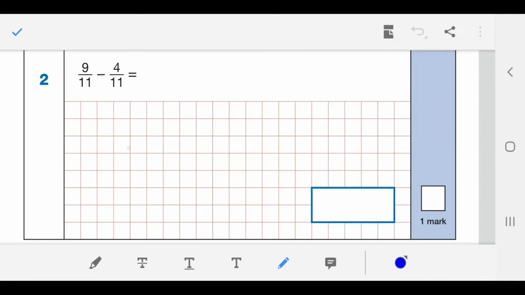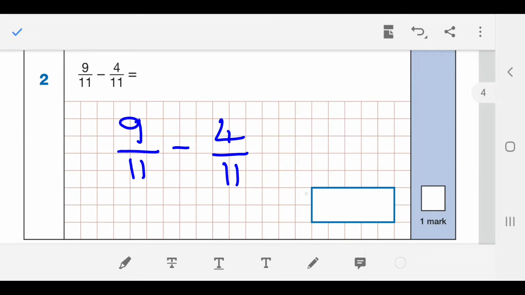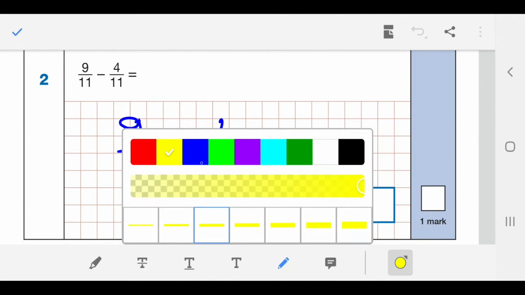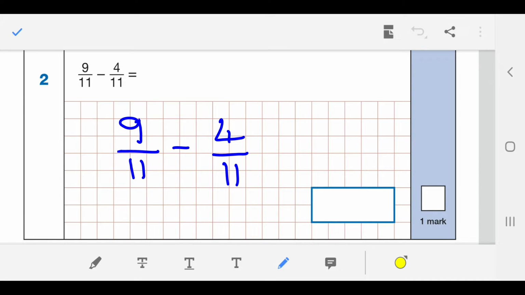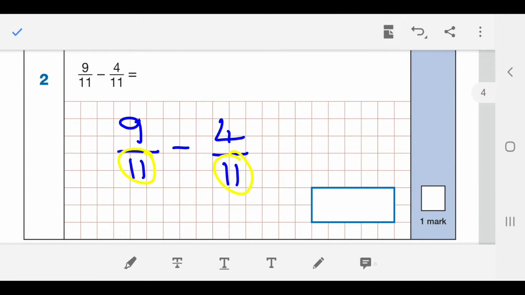Next question. Question number 2. Again, I'm going to write the question out. 9 elevenths minus 4 elevenths. Now, due to the fact that this question has two fractions of the same denominator, which is 11, we can use that same denominator again for our final answer.